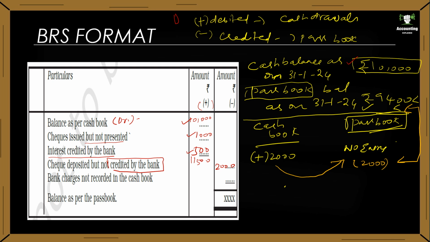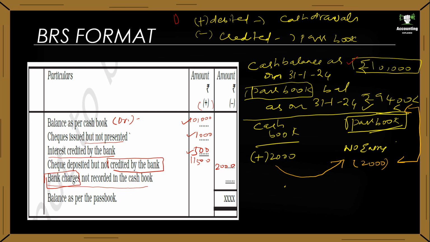Okay, the next item in the BRS is, see, bank charges not recorded in the cash book. For the account maintained, the bank will charge us a meager amount. Those are called bank charges. That bank charges we will come to know only after we see the passbook.